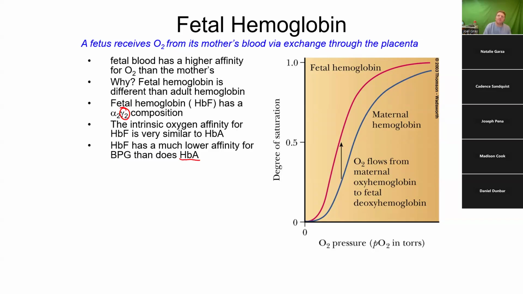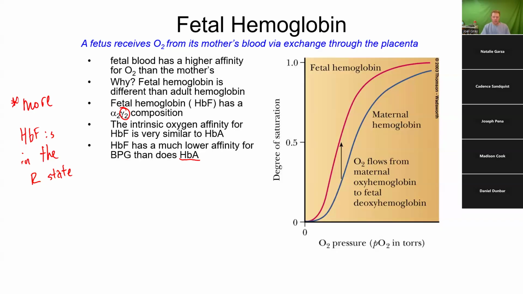Well, if you have a lower affinity for BPG, that means that most of HbF is in the R state. And let me add in there, more HbF is in the R state at the same oxygen concentration as if the HbA were present.